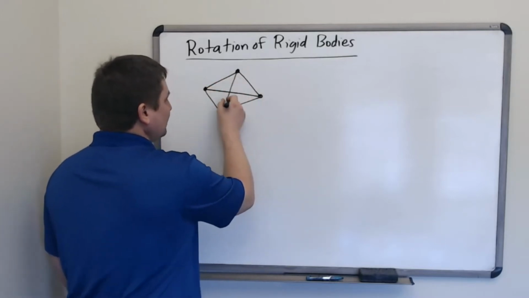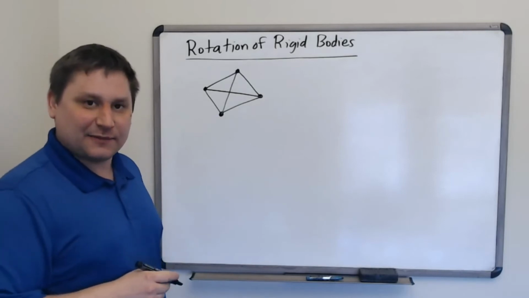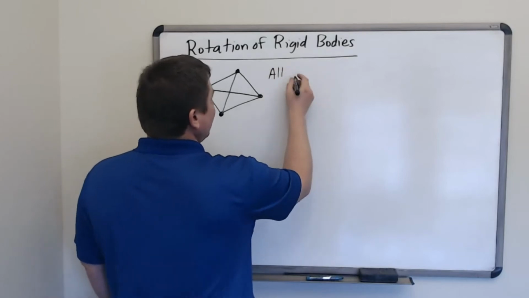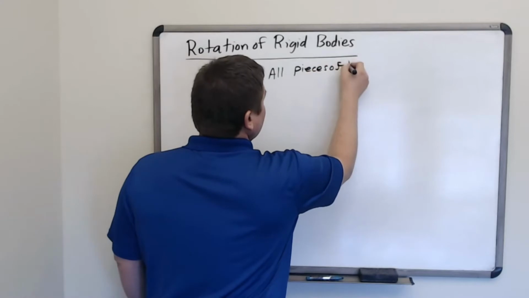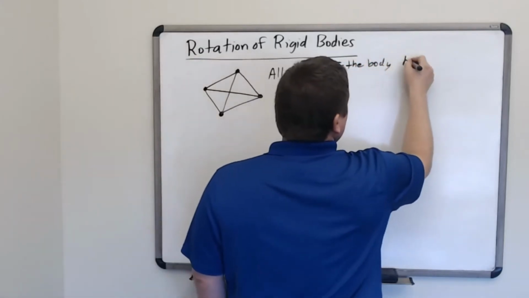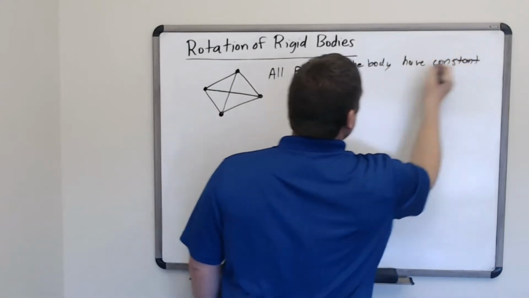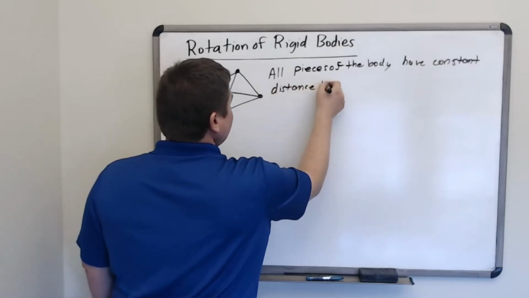So if I draw a line segment connecting any two pieces on the object, that line segment has constant distance. That's the definition of a rigid body. All pieces of the body have a constant distance between them.